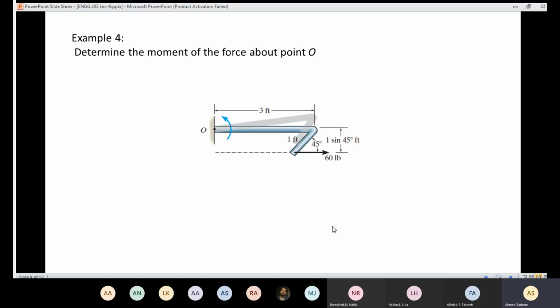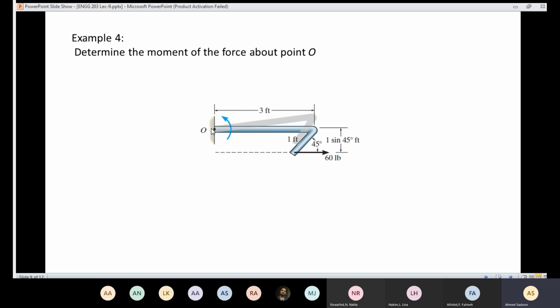Now let's see example 4. In example 4, the body looks like that, and we apply a force here at the end of the body, and we need to know the moment about point O. Again, in order to know the perpendicular distance, I'm going to draw the line of action, and then I'm going to draw a perpendicular line from the point O to the line of action, representing the perpendicular distance.